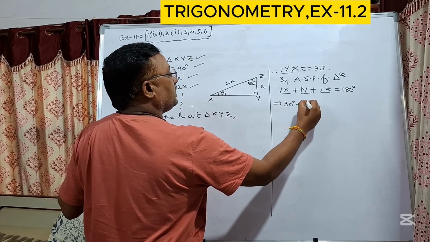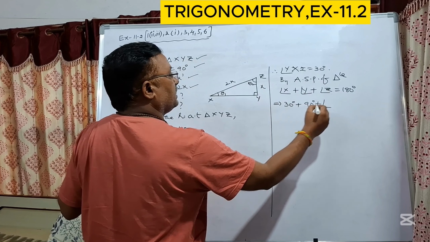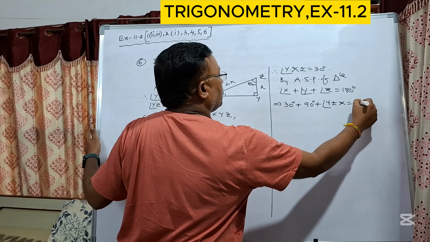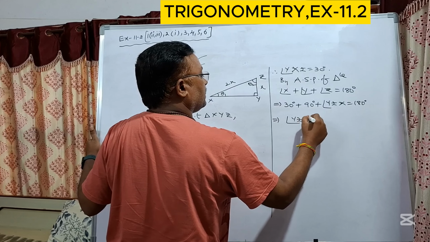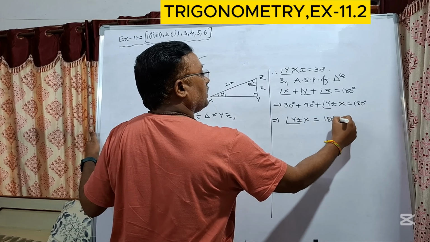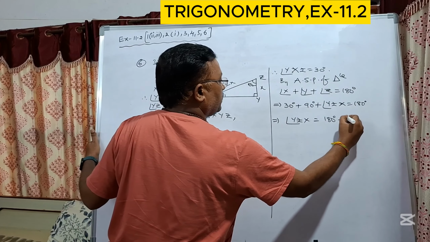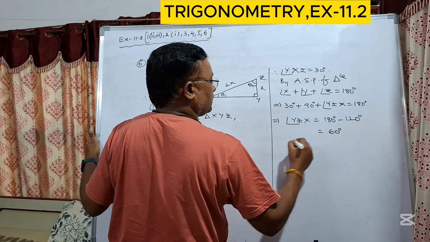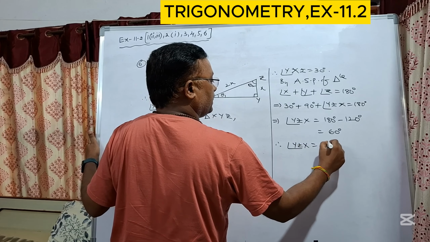Angle Y is already given as 90 degrees. Angle Z we want. So angle YZX is equal to 180 degrees minus the sum of these two values, which is 120 degrees. This is equal to 60 degrees. Therefore, angle YZX equals 60 degrees.